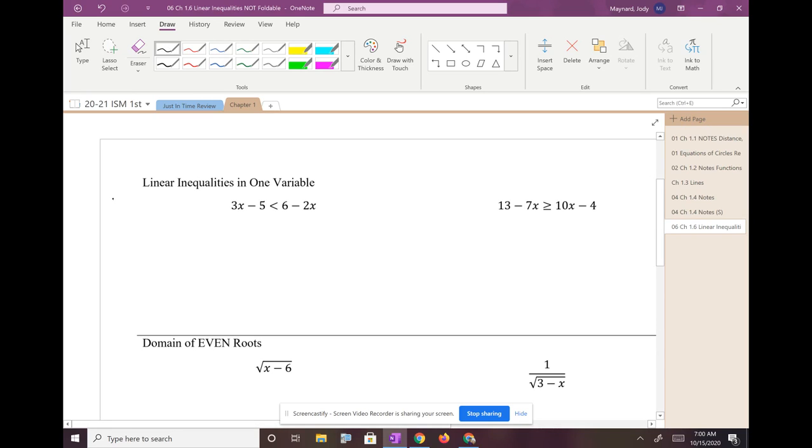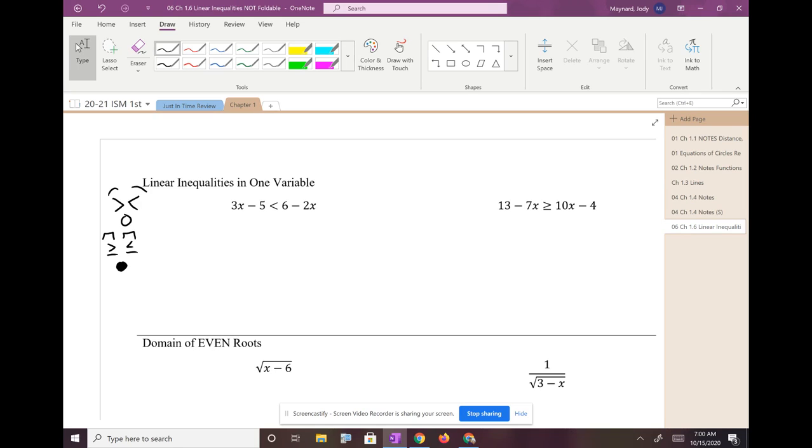When we have greater than and less than, that means that we have an empty circle on the graph, with parentheses in interval notation. If you have greater than or equal to and less than or equal to, that tells you it's a filled in circle on the graph, and we use brackets in interval notation. Now, we won't use the parentheses or brackets here, but we will use the empty and filled in circles.